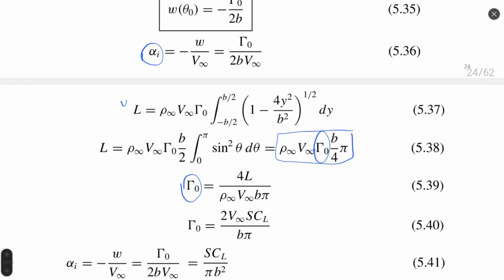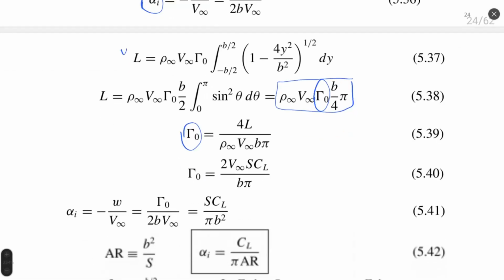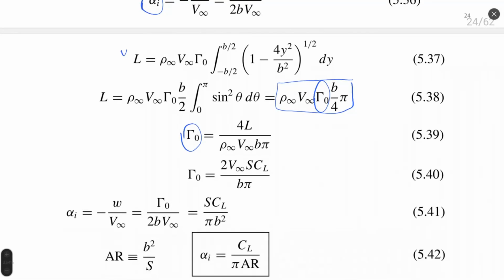Some of these parameters also make part of the lift coefficient. This equation 39 can be rewritten in terms of lift coefficient instead of just using lift value. And as a result, in equation 41, induced angle of attack, written before as a ratio between velocities, can now be written as a function of lift coefficient, area of the wing and size of the wing.